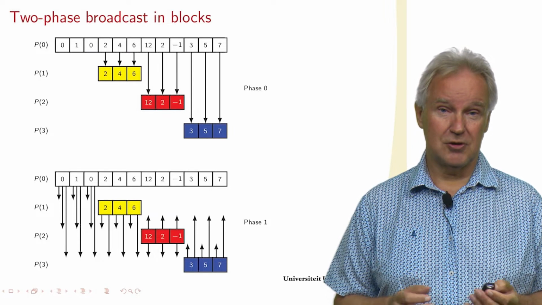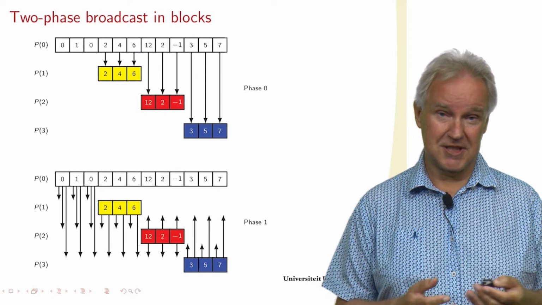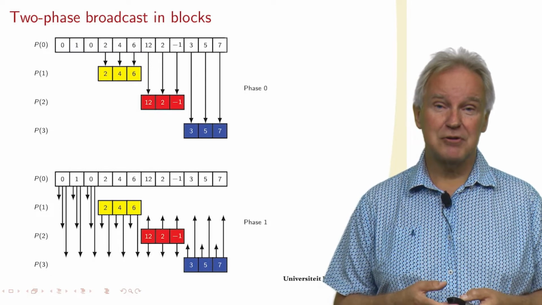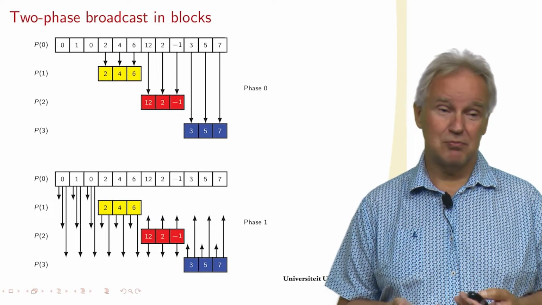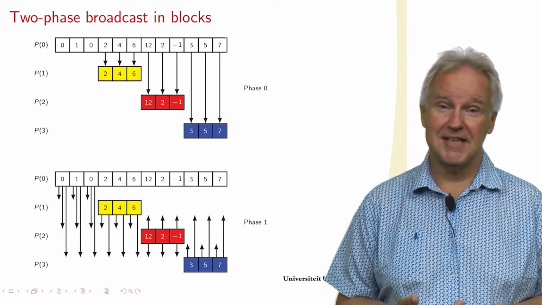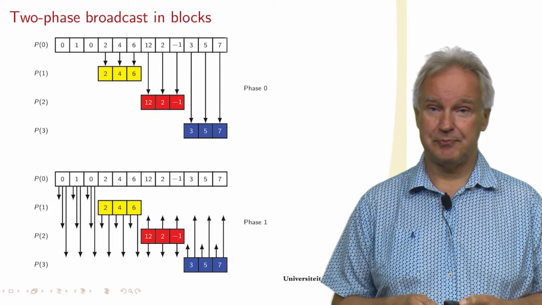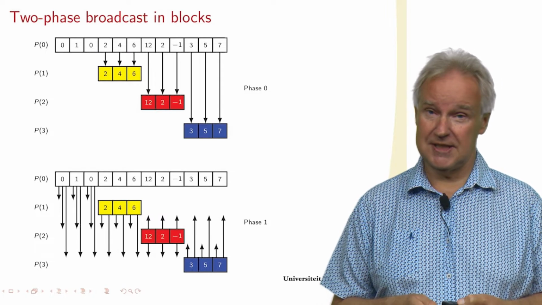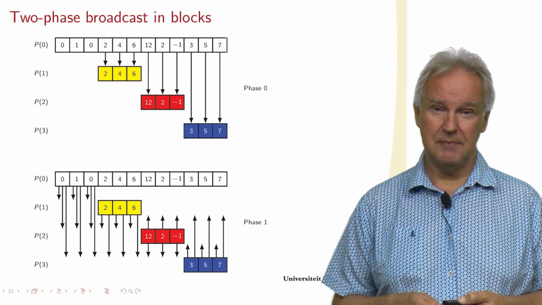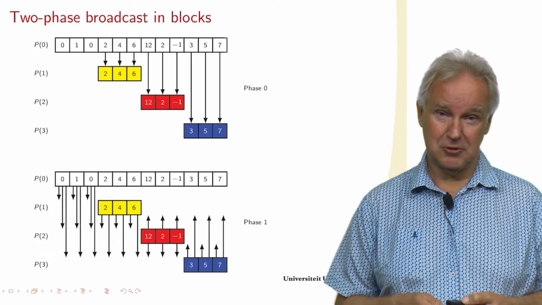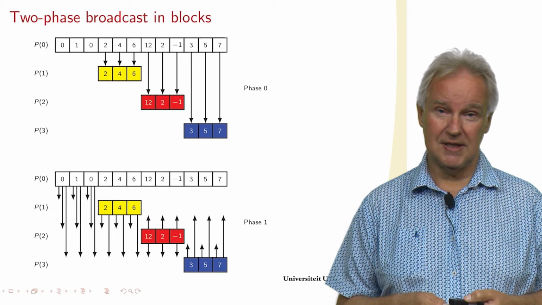That's the first superstep. And then when the data are spread across the system, every processor starts sending to all the others except processor 0, because we're not sending back data to where it already came from. So processor 0 will in this case send its block to processors 1, 2, and 3. Processor 1 will send to 2 and 3. Processor 2 will send to 1 and 3, and so on.